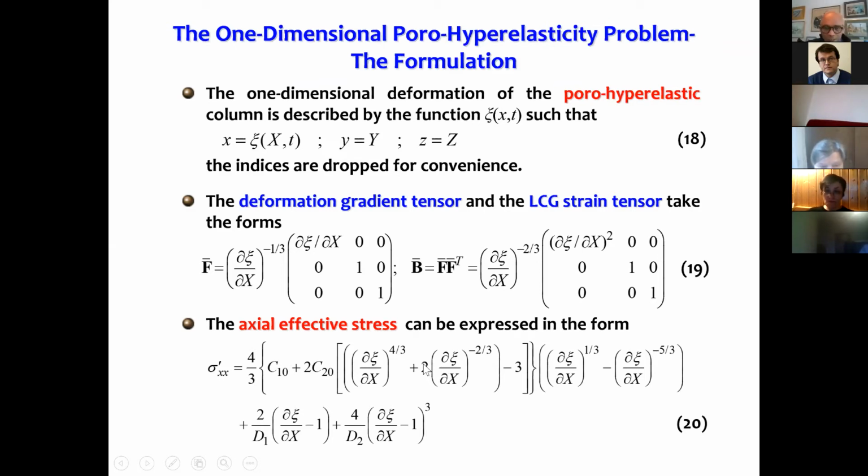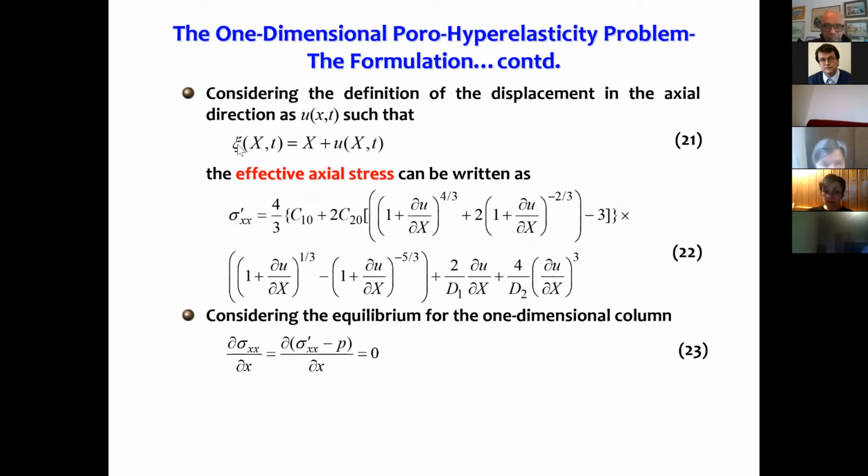So without going through the details of the derivation, I can say that the deformation now is the original position plus the displacement as well. So the effective axial stress is now this value, and there's only a single equation of equilibrium, which involves the total stress with respect to x, and that involves the effective stress and the pore fluid pressure as well.